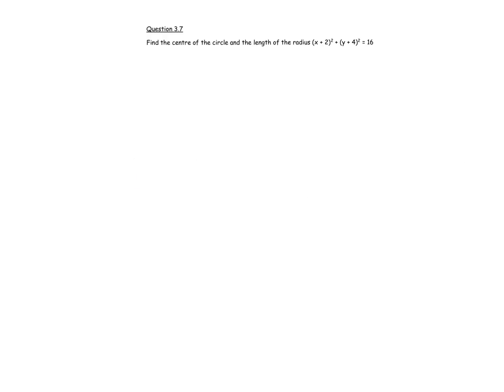It says find the centre of the circle and the length of the radius when the circle is (x + 2)² + (y + 4)² = 16. Again, we know that the equation for a circle that has centre (h, k) is (x − h)² + (y − k)² = r², where the centre is (h, k) and the radius is equal to r.